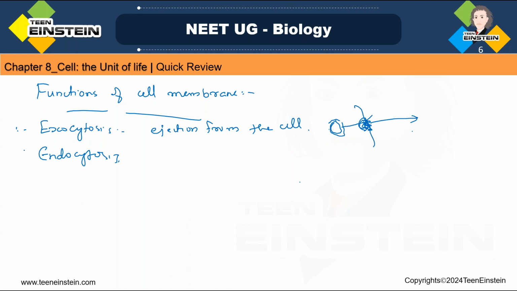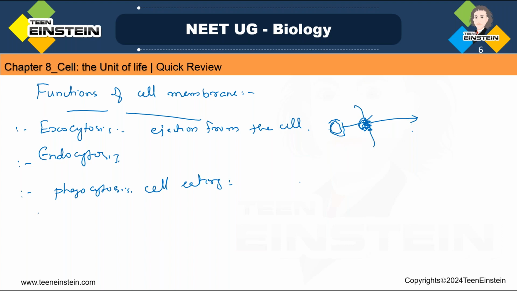Next is phagocytosis, cell eating. This takes place when a large external particle is surrounded and becomes enclosed in a vesicle. So this is cell eating, for large particles.